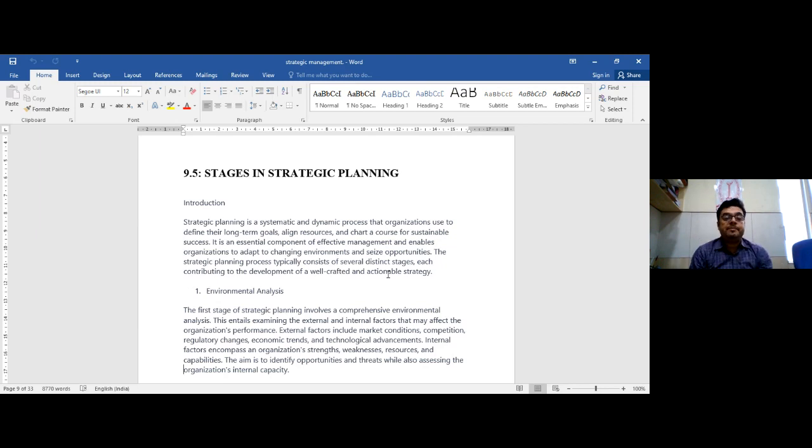The strategic planning, like I said, is known as a process, and anything which is a process consists of several distinct stages which contribute towards the development of a well-crafted and actionable strategy.